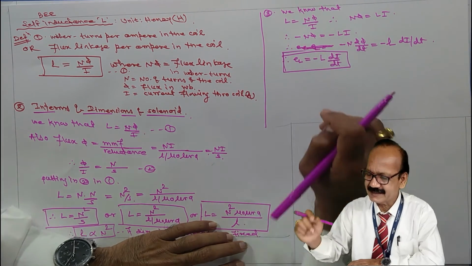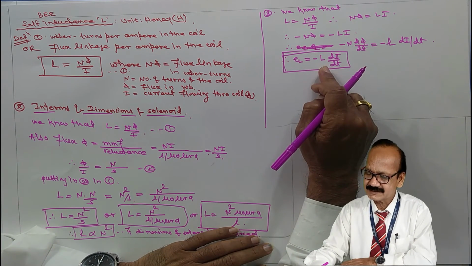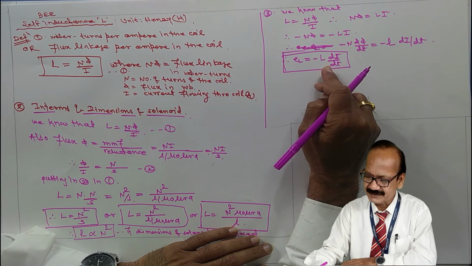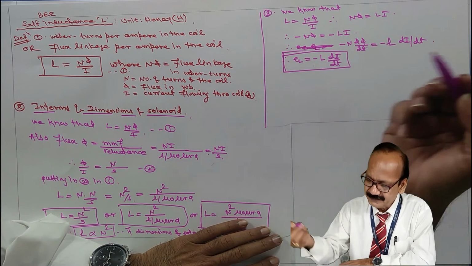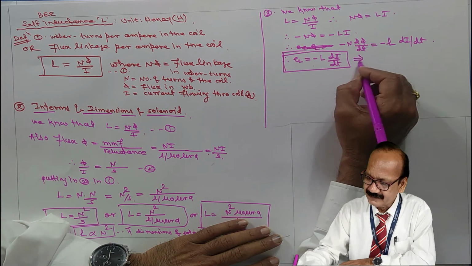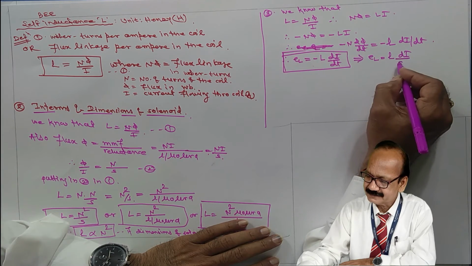This negative sign indicates that the induced EMF opposes, or acts in the opposite direction. If you consider the magnitude only, we can write E L equal to L di by dt.